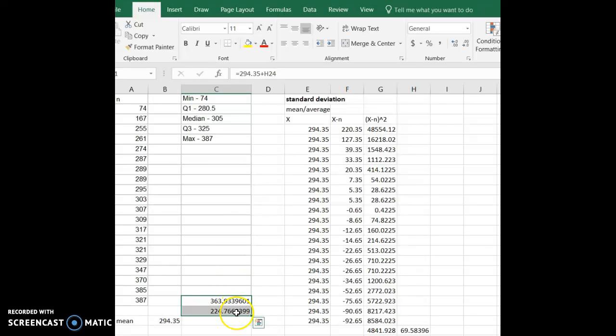Got huge decimals happening here, and I'd probably use a number formula to reduce those. Let's talk realistically. I mean, he didn't have so many decimals when he was measuring. He used whole numbers. So if we're talking whole numbers, we're saying that his results were between 225 and 364.